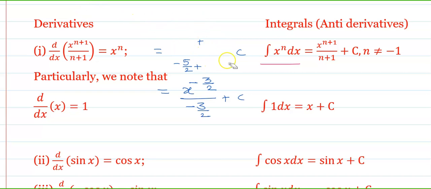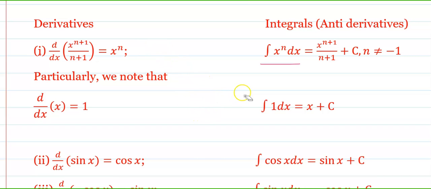Now the next. Here the derivative of x is 1 and therefore the integral of 1 into dx is nothing but x. Here again, one more thing: suppose you want to find the integral of 5 dx, then its integral is 5x plus c.